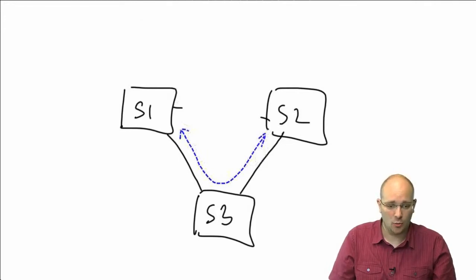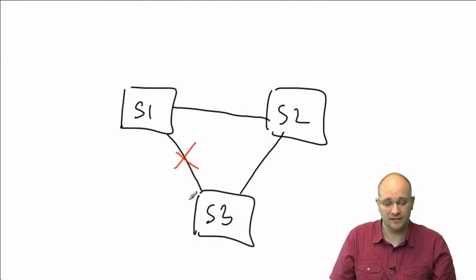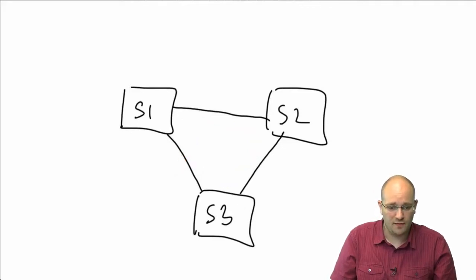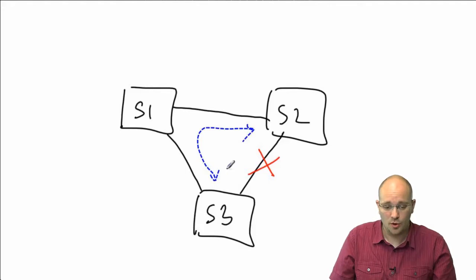Let's take a look at what would happen, for example, if some other link failed. What happens if this link here fails? Can switches 1 and 3 communicate? Similarly to the previous example, of course they can, through switch 2. And finally, what if this link here between switch 2 and switch 3 failed? Can switches 2 and 3 communicate? And the answer is again, yes, they can, through switch 1.